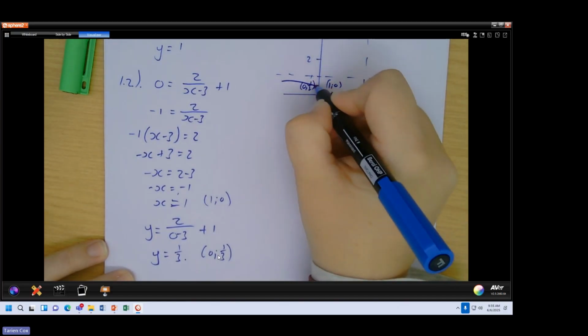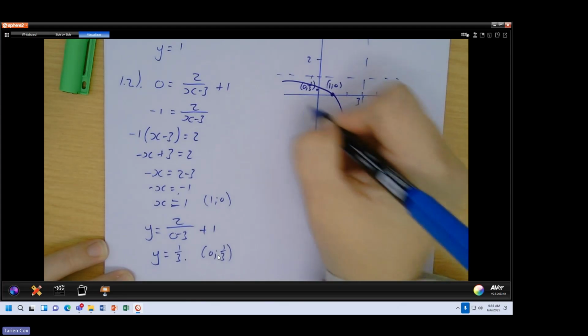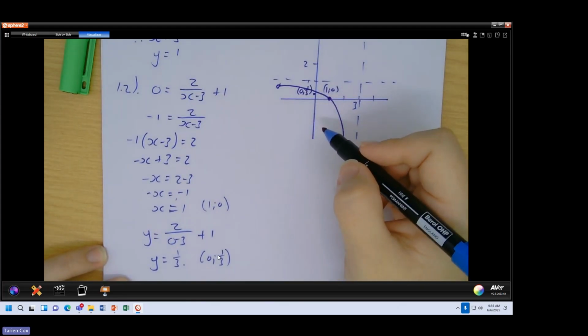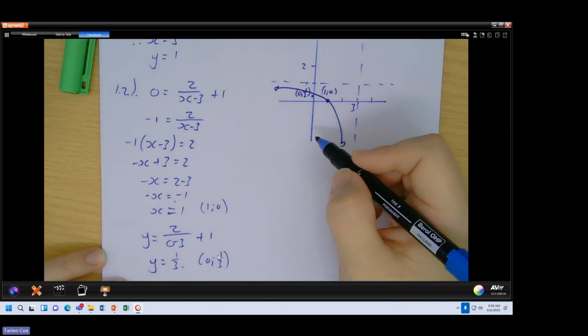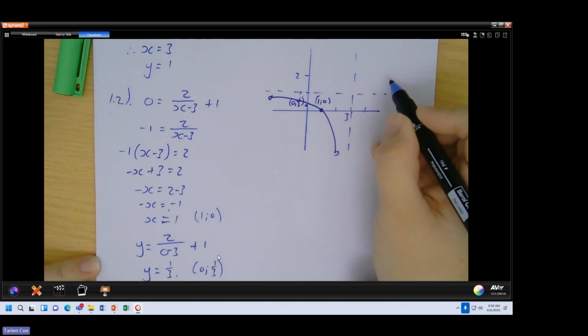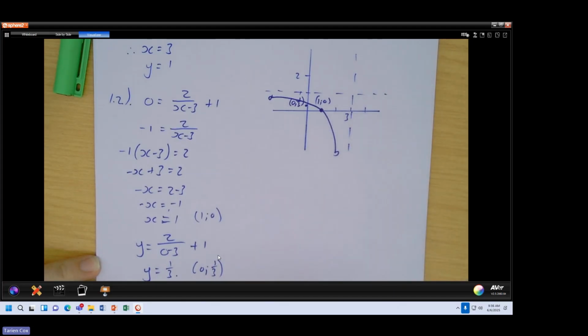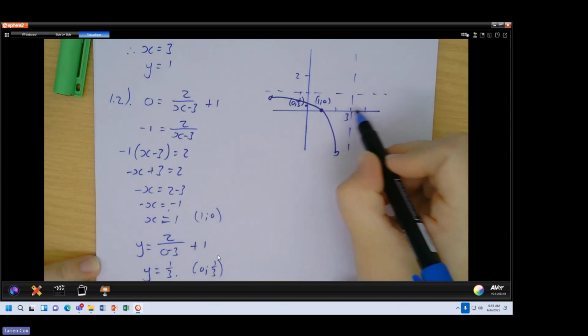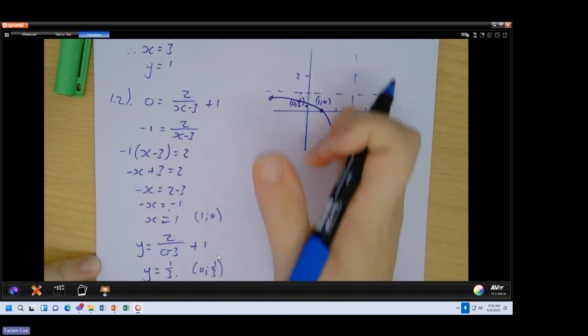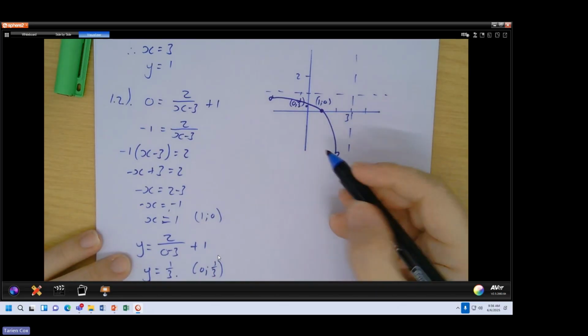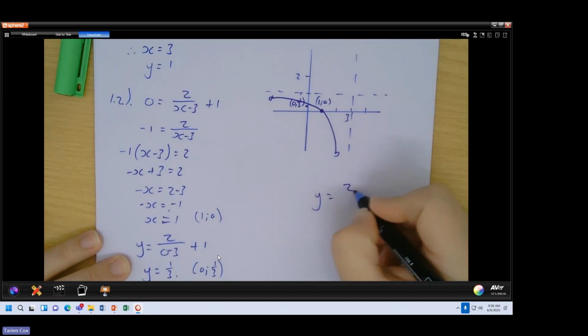Which means that both my x-intercept and my y-intercept are in the same quadrant, and that means I will have to get another point in order to draw the second arm of this hyperbola, which means I can choose any x value on the right hand side of my asymptote. The x value that I'm going to choose is going to be 4.